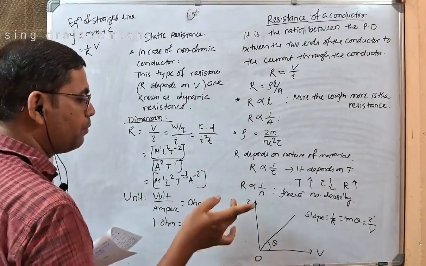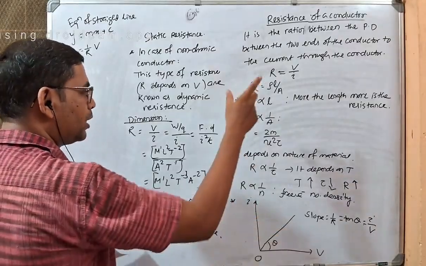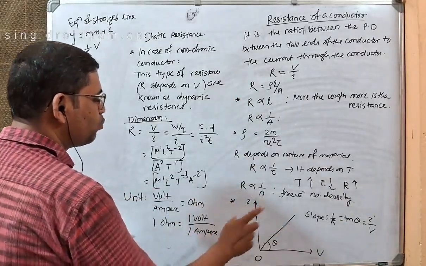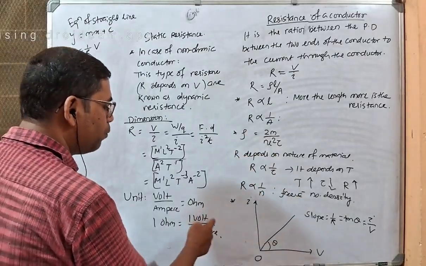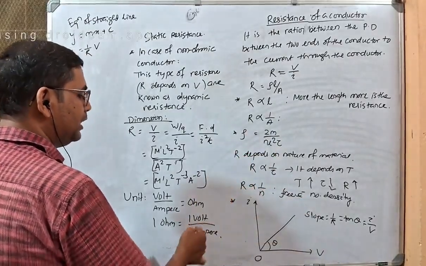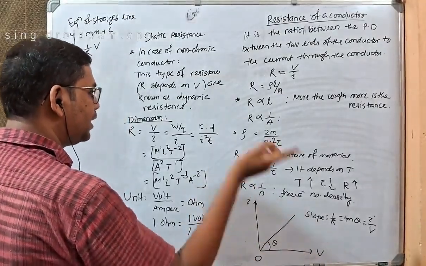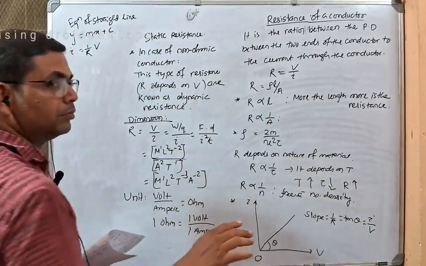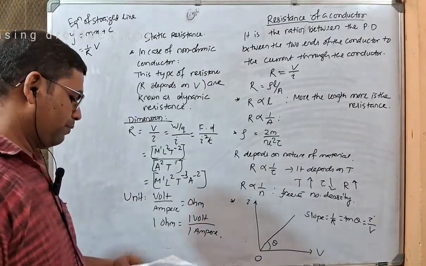If by giving a potential difference of 1 volt across a conductor, the current through the conductor is 1 ampere, that means the resistance of the conductor is 1 ohm. You can define like that.